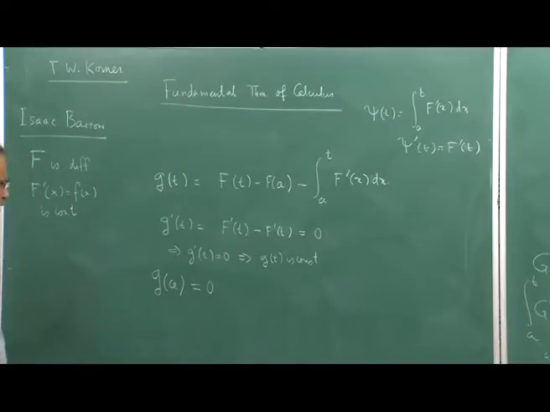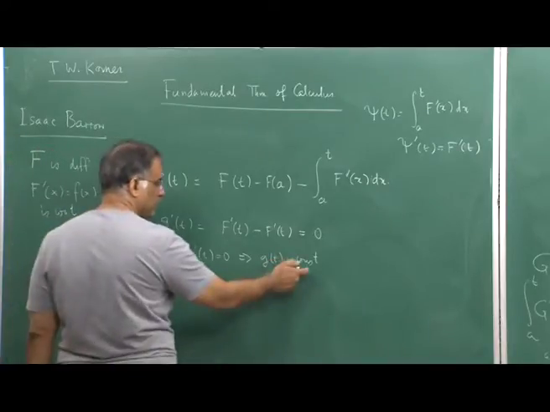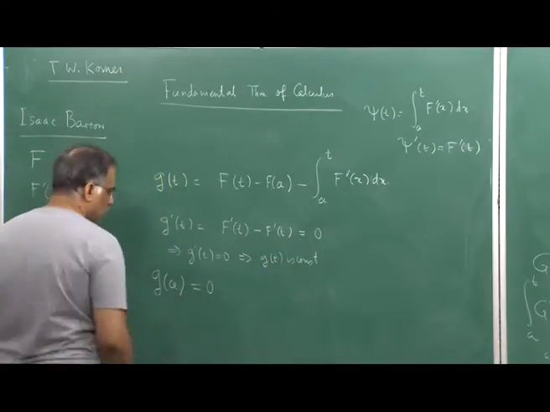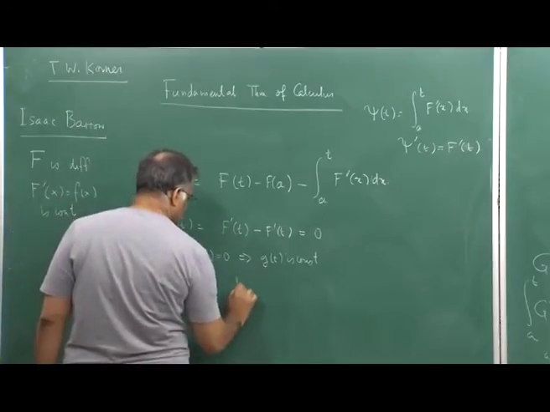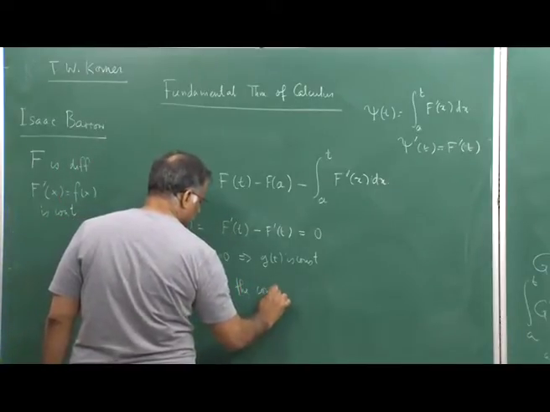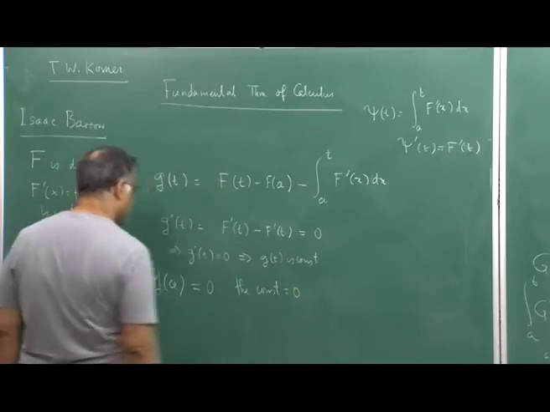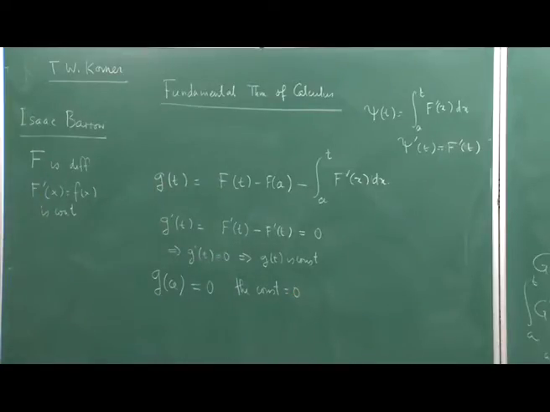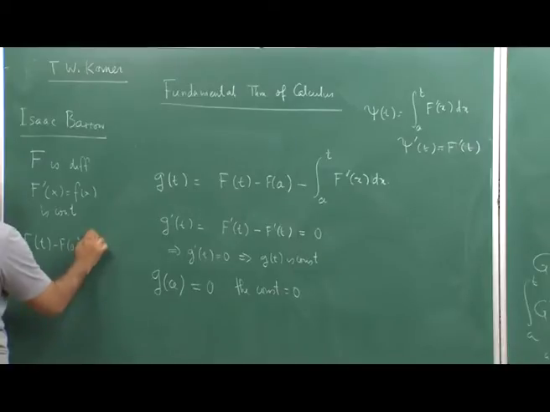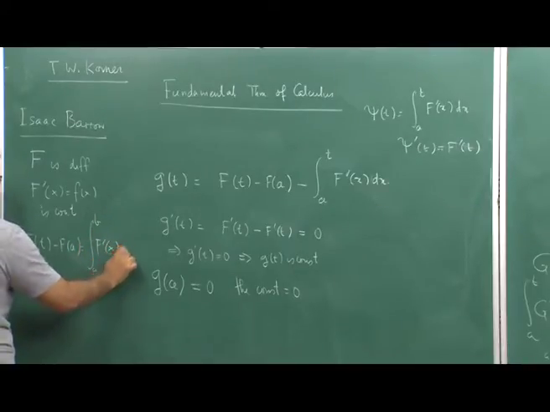So because g of t is constant, then this constant must be 0, right? So the constant is equal to 0. So that simply means g of t is equal to 0, which means that F of t minus F of a is equal to integral a to b f dash x dx.